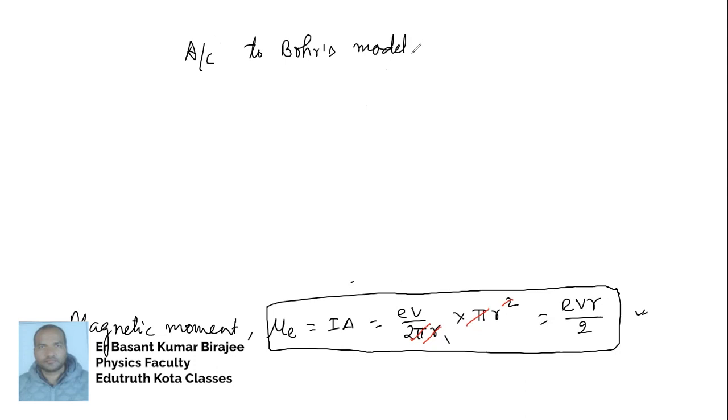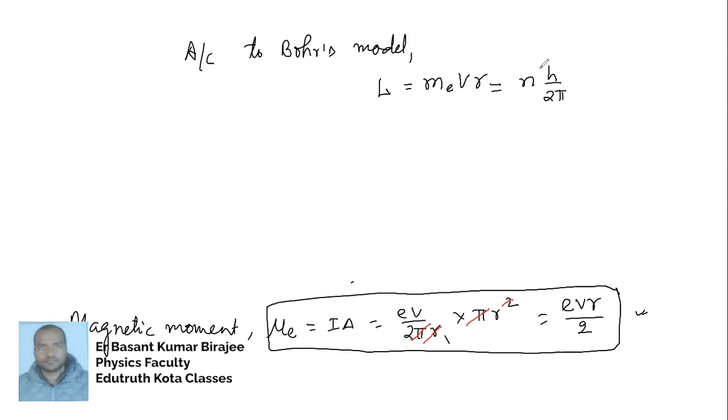It is expressed as L equal to mass of electron, speed of electron, radius of the given orbit, and this angular momentum is nothing but an integral multiple of h by 2 pi.